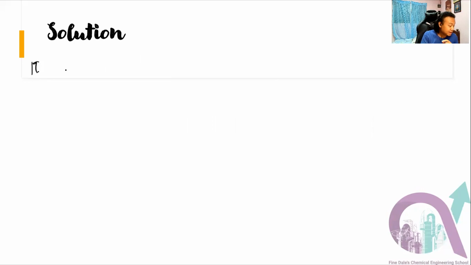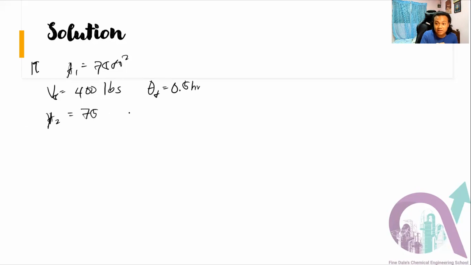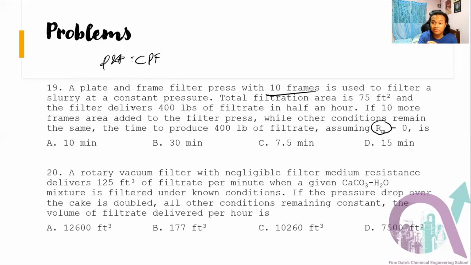So we have 19, you have area 1, 75 square feet, and then you have the volume of the filtrate. This is really the mass, but let's just treat it as the volume. Okay, so it's in half an hour. And then you have A2, 75, and if 10 more frames are added, mahimo na siyang 20.